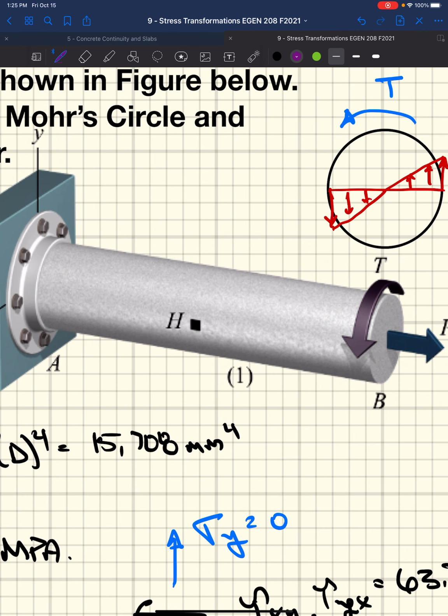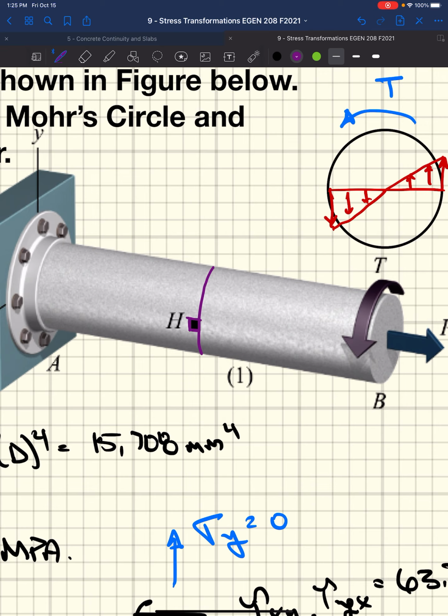solid shaft that we have an imposed torque and axial load on, we initially found the stresses on a plane that were oriented perpendicular and parallel. Essentially we looked at what stresses were going on around this little block.